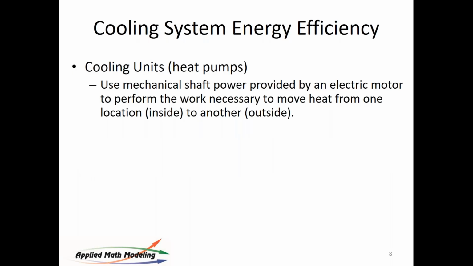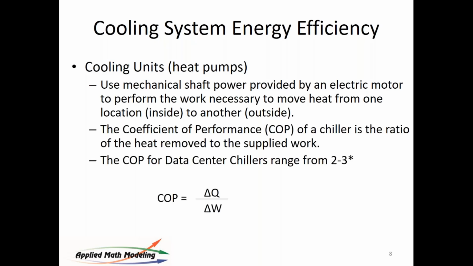They call a chiller one thing, heat pump, they always think about homes and so forth. But in fact, they're both heat pumps. They're pumping heat out from inside to outside. And there is a coefficient of performance that is simply a ratio of its efficiency. In other words, how much work does it take to pump heat? Chillers tend to range from 2, I usually use 2 to 3. I have seen them operate at 4.